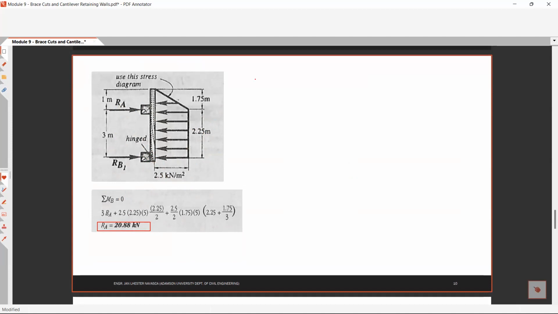Take note that you have 5-meter spacing on center, and you have this 5. Then the centroidal distance of this pressure diagram is 2.25 over 2, which is this one.